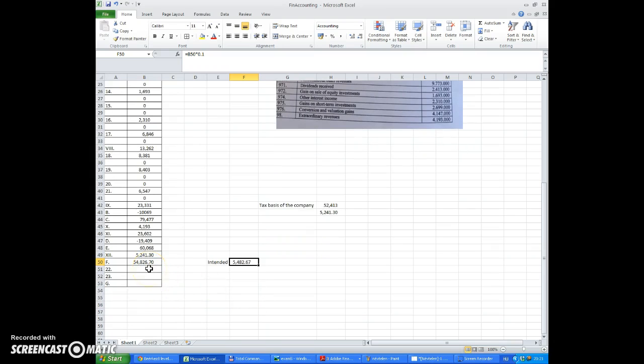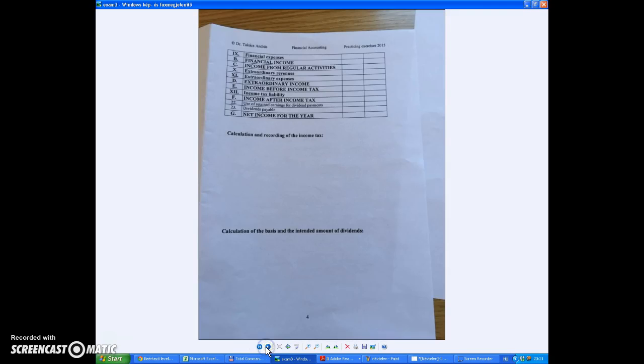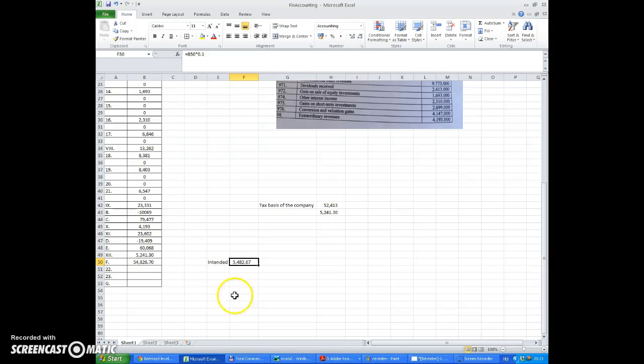Okay, and the next thing which we have to calculate, we have another exercise. We have to examine the dividend limitations. Well, the dividend limitations means that we take the current year's profit, and if the retained earnings has a credit account, the sum of these two can be used to pay dividends.